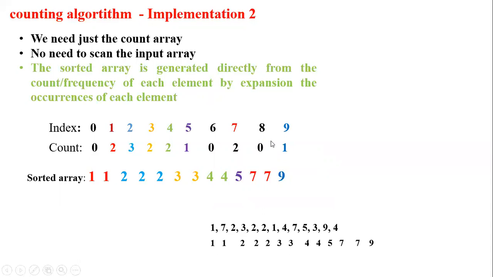But do you see that in this implementation we need an additional loop for the count? So the complexity will be n squared, while in the first implementation, the complexity is n plus k.